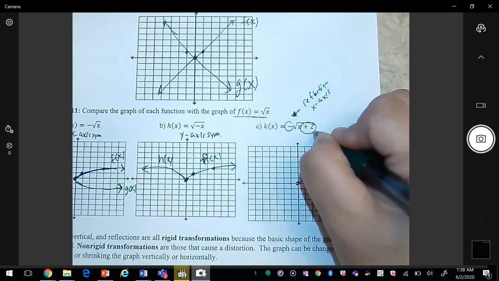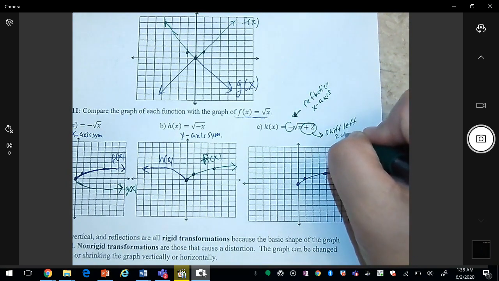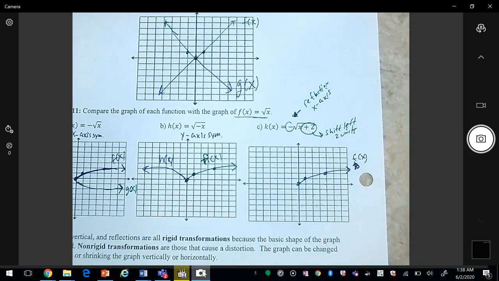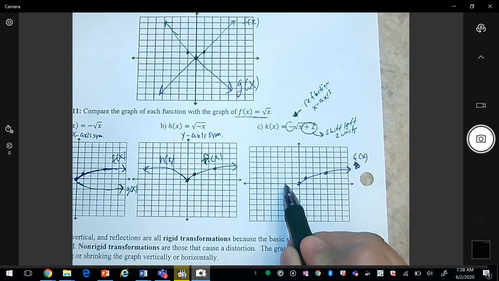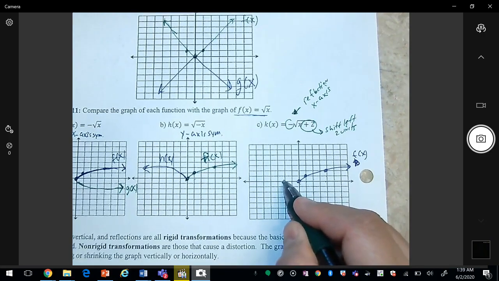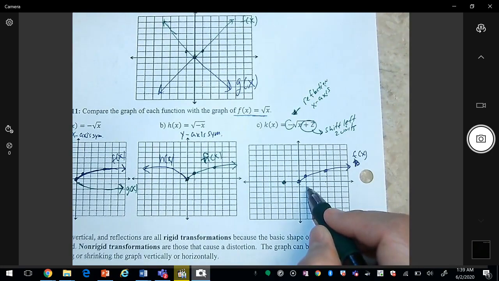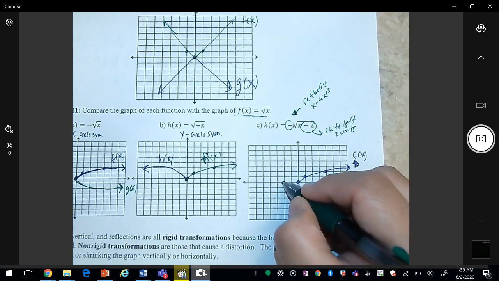And then we have a plus 2 in here, so that means shift left 2 units. So we can shift to the left 2 units, 1, 2, and then reflect on the x-axis. Or you can reflect first, so we would end up here, and then we would go over 2 units. So my graph would look something like this.